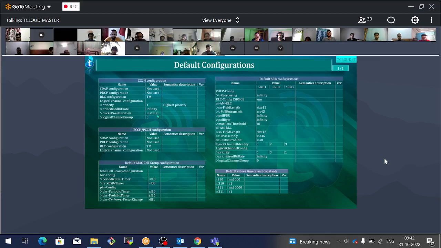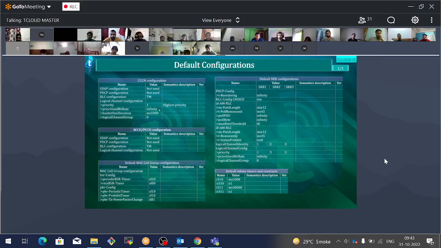Bucket size duration is 1000 milliseconds, which is equal to 1 second. That means if a message arrives at the CCCH logical channel, the RLC TM mode entity, in how much time must the data be sent out without failure? You have 1000 milliseconds for that, which is 1 second. Within 1 second, the MAC layer must pull the data and send it out. How much data is pending doesn't matter.